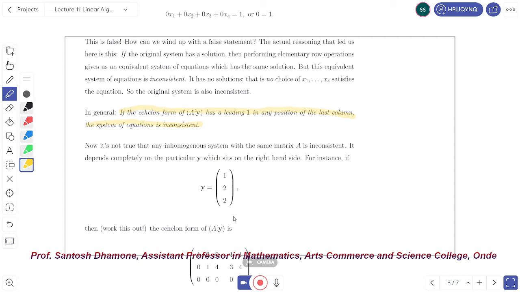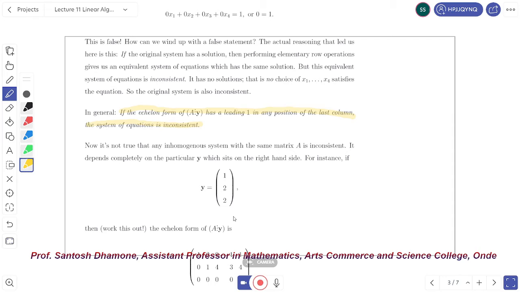Okay. Since this is consistent, as in the homogeneous case, we have the leading variables x1 and x2 and the free variables x3 and x4.